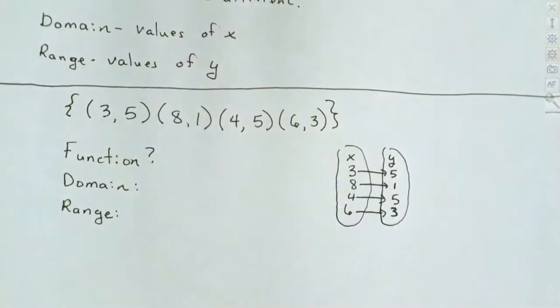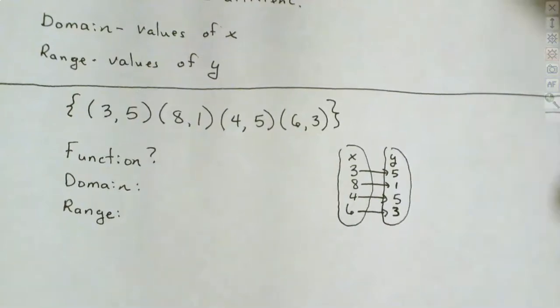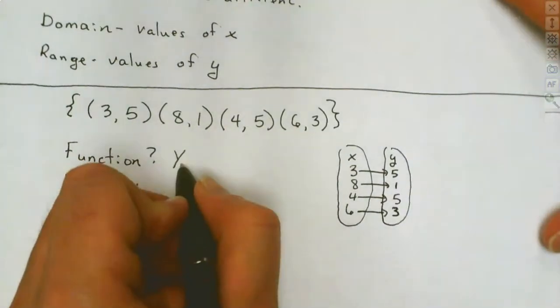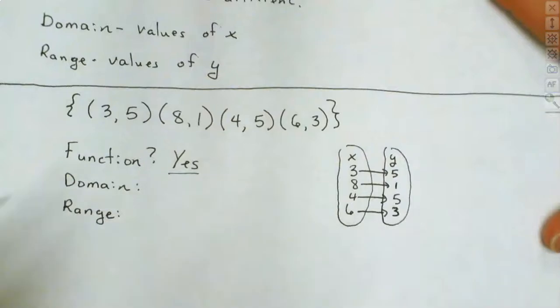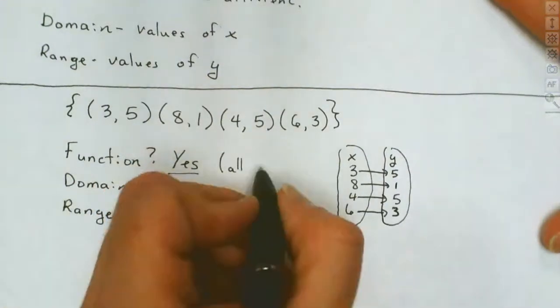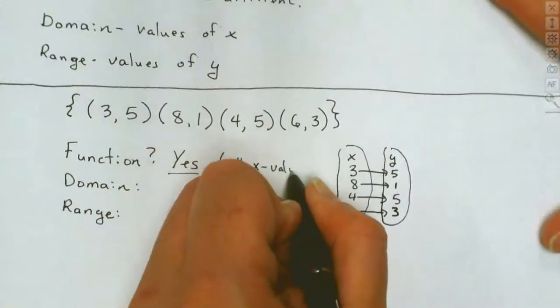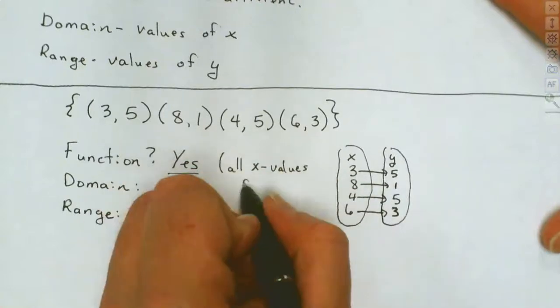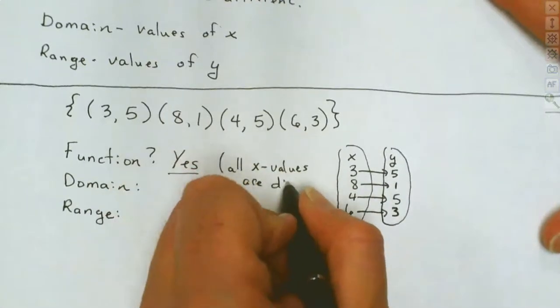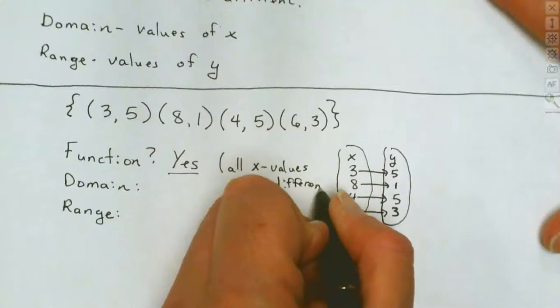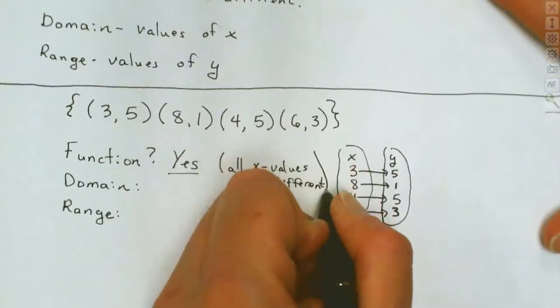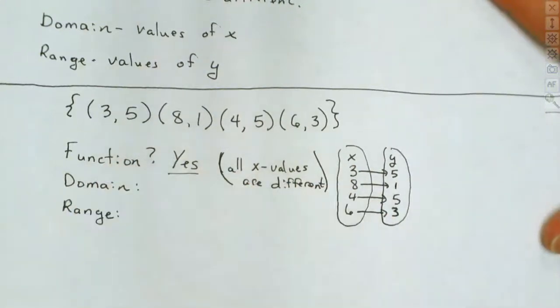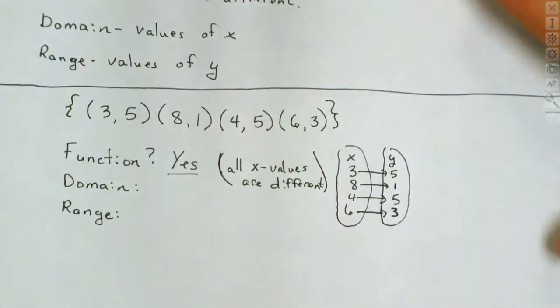Now, are any of the x values duplicated? No, every x value is different. As long as all the x values are different, it's a function. So it is a function. And why is it a function? All the x values are different. So all those x values are different, and that makes it then a function.